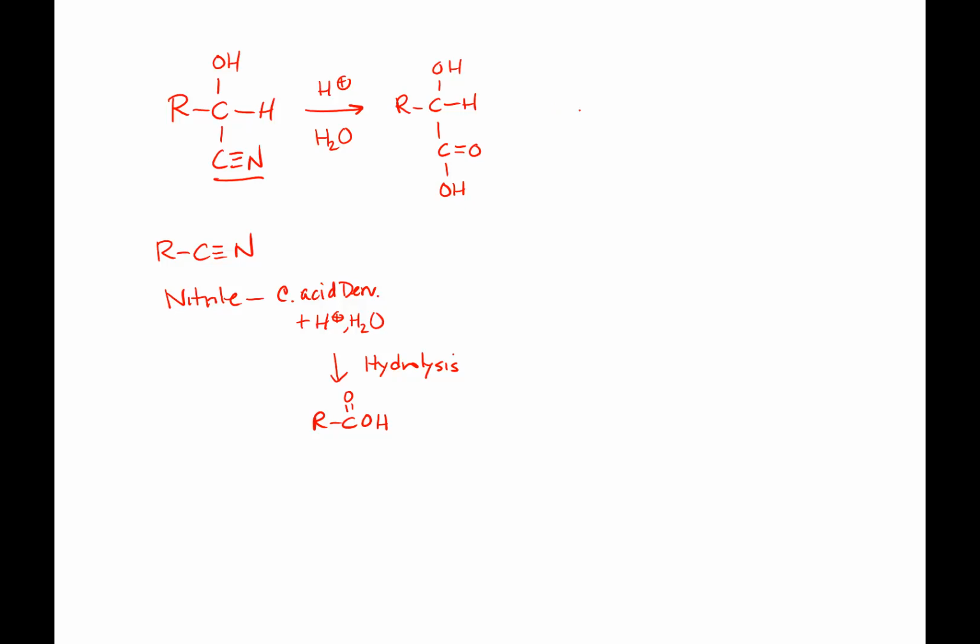Now, if I rewrite this structure, I can rewrite this sort of in a line. We're also going to find when we start doing more carbonyl chemistry that the numbering scheme for a carbonyl compound actually uses Greek letters, and it starts with the group next to the carbonyl, and so this would be called an alpha hydroxy carboxylic acid, sort of a generic name for this.